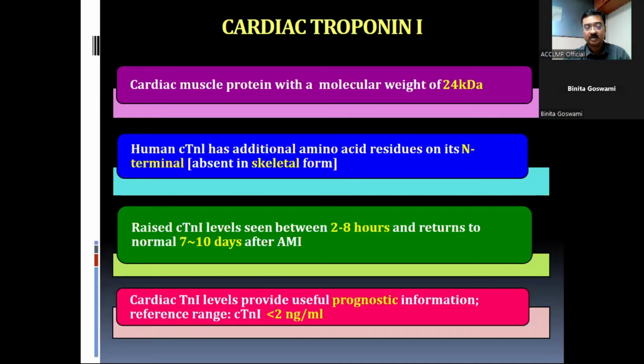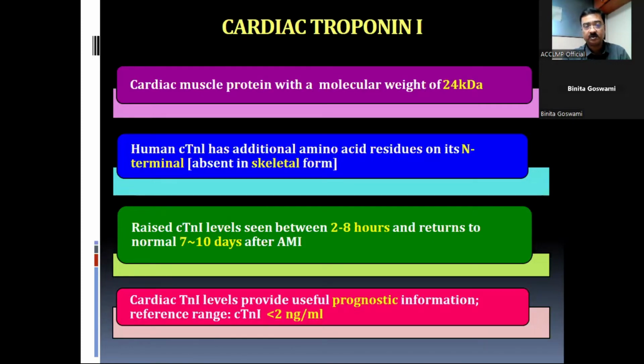So after the cardiac troponin I detection level, we started. It starts 2 to 8 hours after cardiac injury and remains about 7 to 10 days, so it's a long-standing one. It has a secondary peak later on. So it is the most important one for definitive diagnosis within the golden period, as well as, particularly in Indian conditions, when majority of the time you miss the bus and don't reach the medical unit when you have a heart attack.